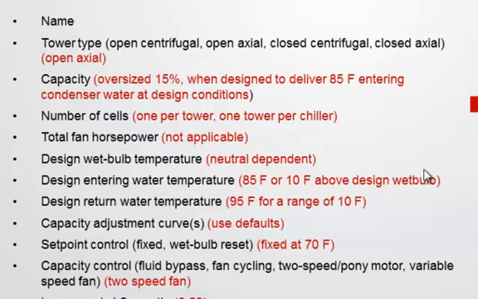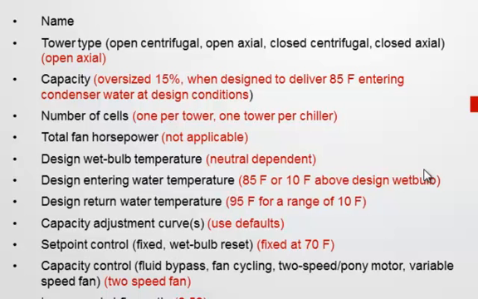And the design return temperature is 95 degrees, or a range of 10 degrees Fahrenheit. The default adjustment curves are used, and the set point is fixed at 70 degrees Fahrenheit. It doesn't reset in the baseline building.